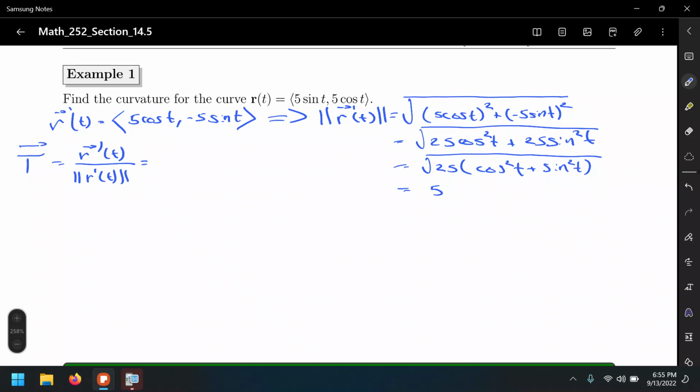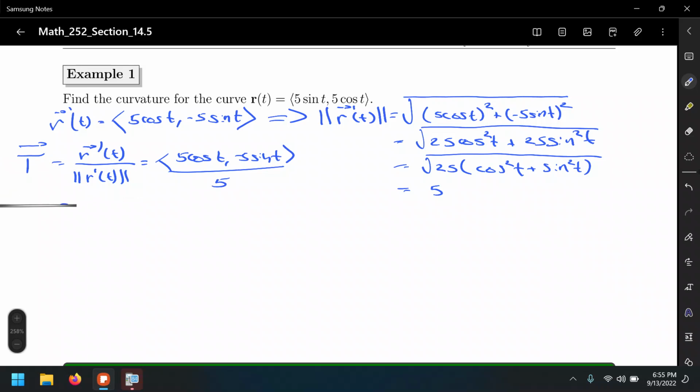We actually have all these pieces of information, so in this case r prime, which is 5 cosine t, negative 5 sine t, divided by the magnitude, and that magnitude we just found in the previous step, that's 5.